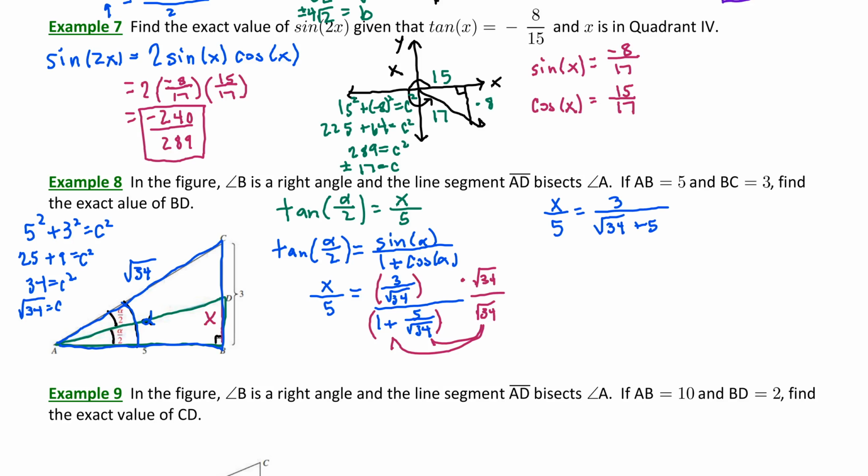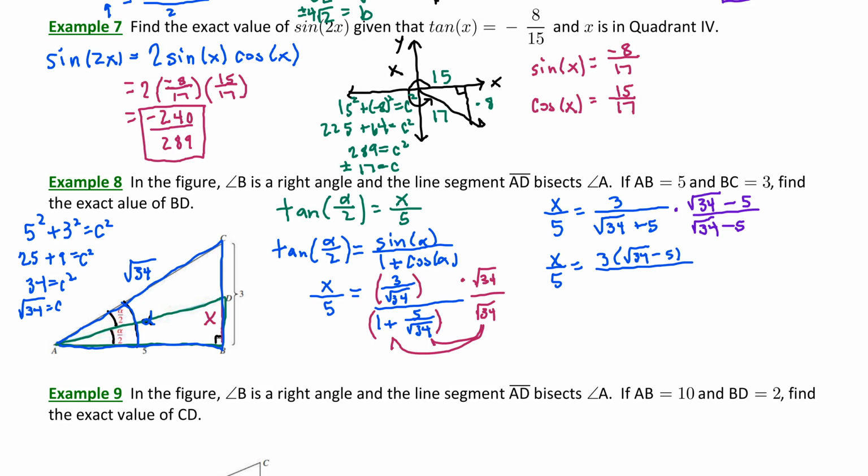After distributing that square root of 34 in the denominator, you can see we still have a square root in the denominator. Let's go ahead and rationalize that at this point by multiplying the top and the bottom by the conjugate of the denominator. We'll obtain the equation x over 5 equals 3 times the square root of 34 minus 5.